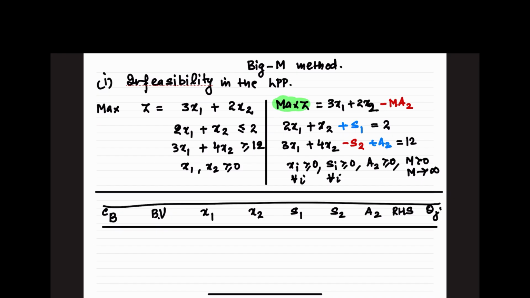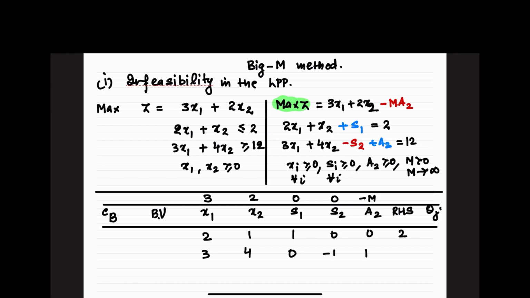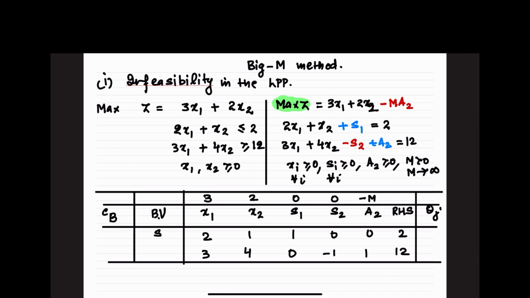So the coefficients are 3, 2, 0, 0, minus M, 2, 3, 1, 4, 1, 0, 0, minus 1, 0, 1, 2, 12. The basic variables are S1 and A2. So S1 and this is 0, this is minus M.